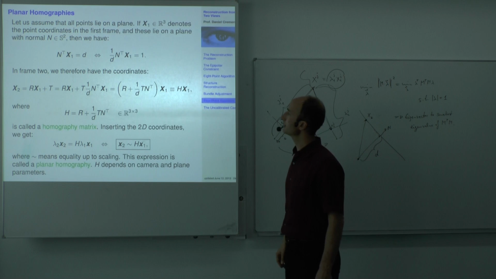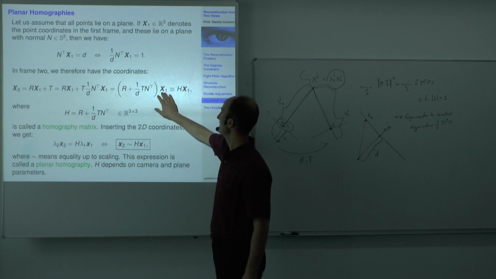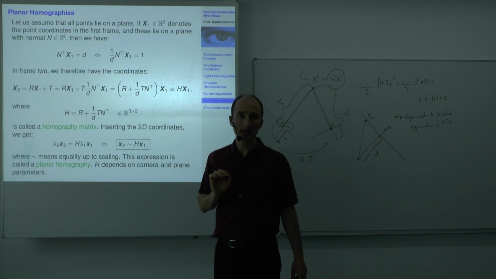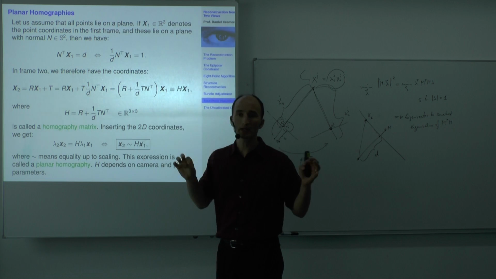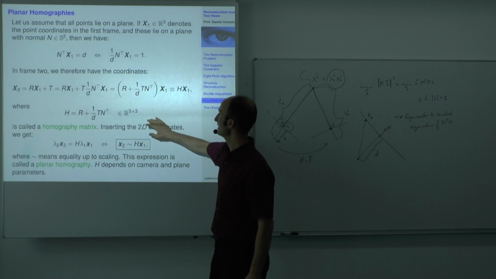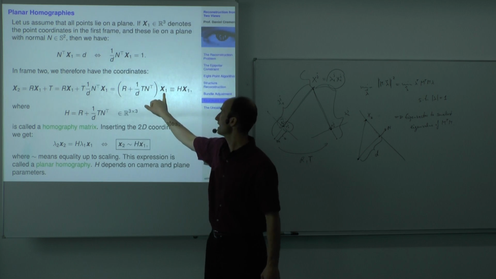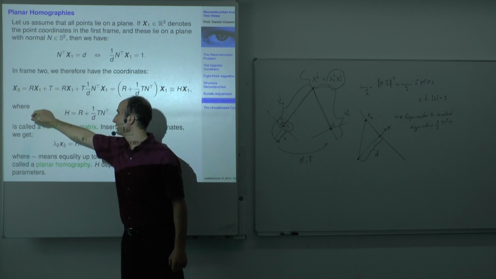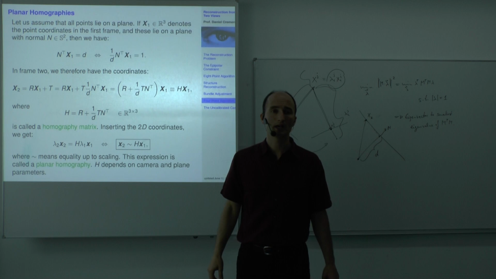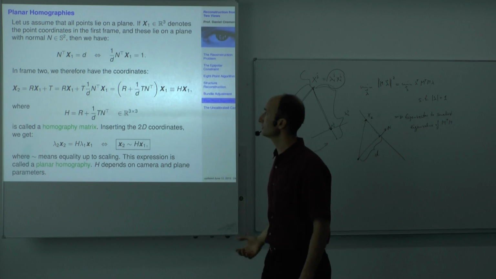That's a 3 by 3 matrix, and so once I look at points that live on a plane from 2 cameras, no matter where the cameras are, the transformation from one camera to the other can be done by a 3 by 3 matrix transformation. That is interesting because in general that's not the case.